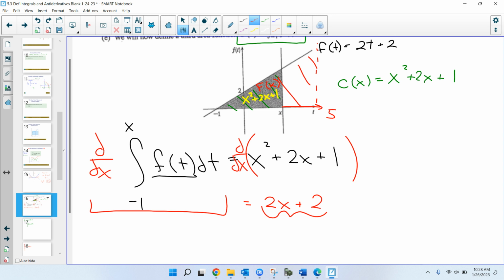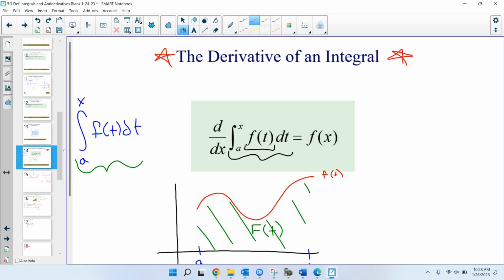It's the antiderivative. What's this thing? Little f of x. Isn't that what they wanted us to realize here? You take the derivative of this antiderivative thing that gives you area, and you get back to where you started.